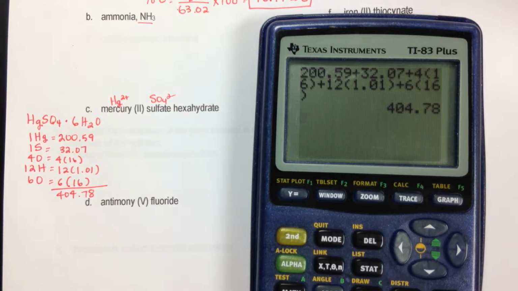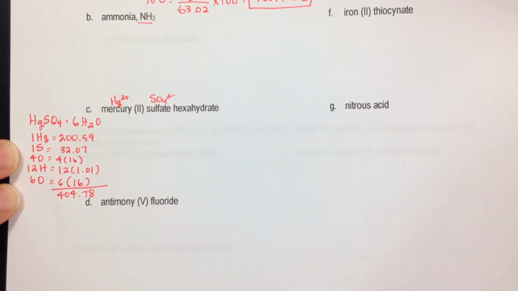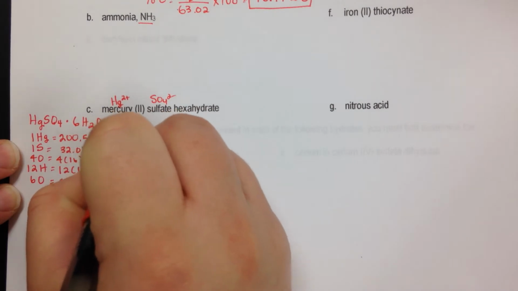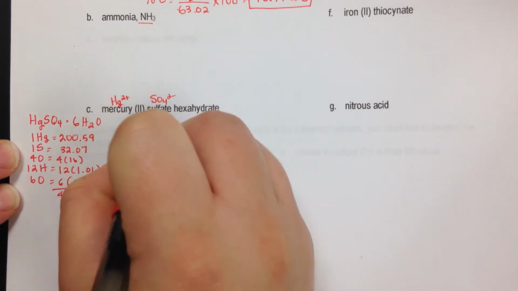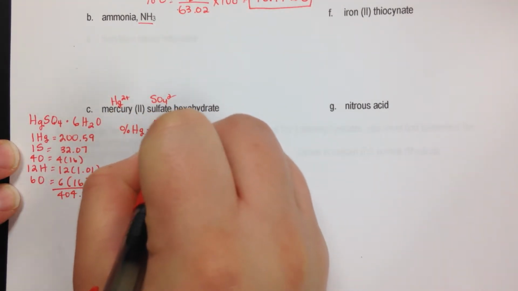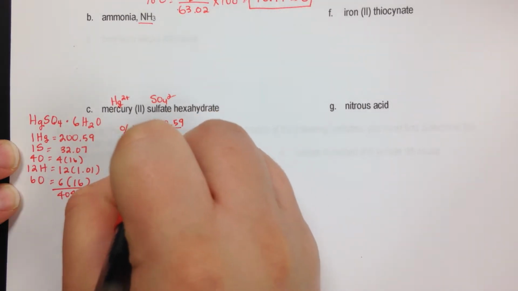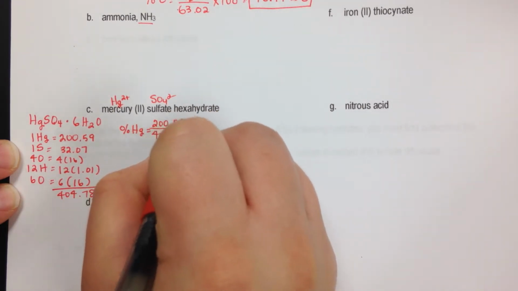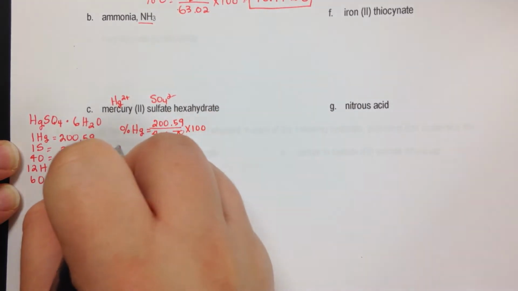Now, when you are finding each element, you will be combining the total number of oxygens when you get to the percent of oxygen. So, percent of mercury: take the mass of mercury, divide it by the total, multiply it by 100.